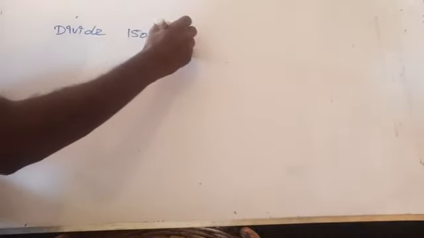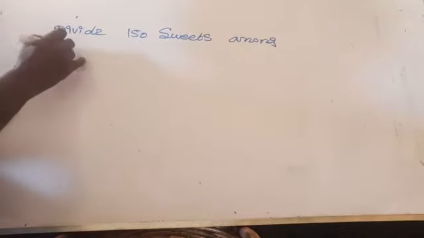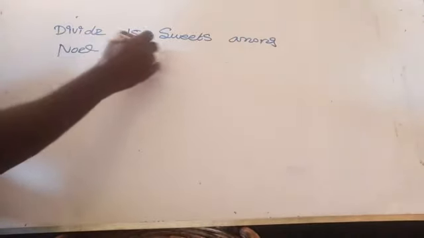Now look at the question. Divide 150 sweets among Noel and Mridula.